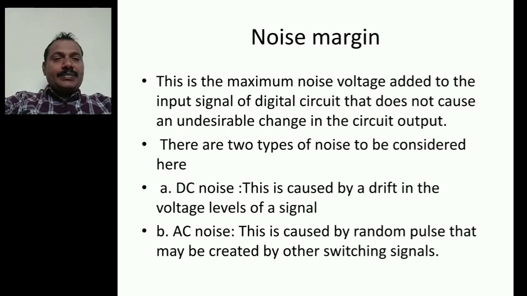Next, AC noise. This is caused by random pulses that may be created by other switching signals. Side-by-side switching signals may interfere with another signal, then that random pulse will disturb it, and this is called AC noise.